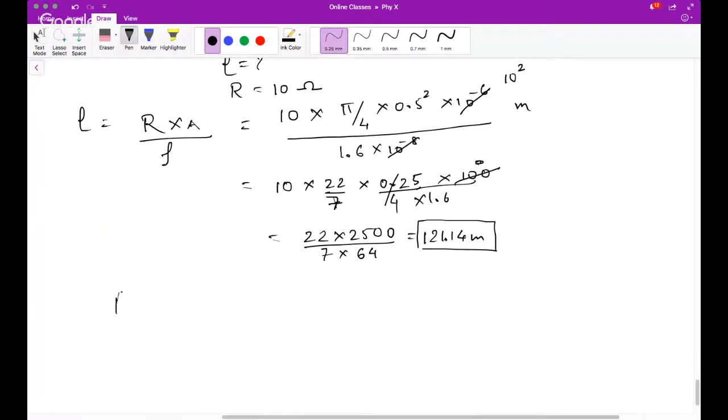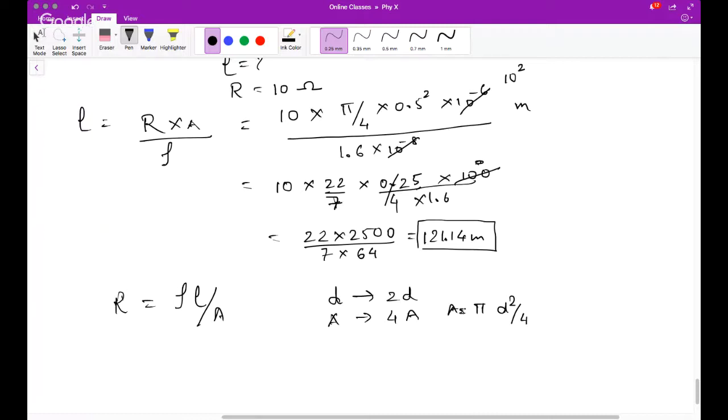So let's say R was rho L upon A. Now if D becomes 2D, area becomes 4A. Why? Because area is pi d square by 4.